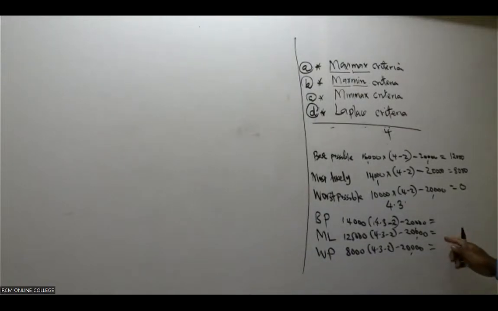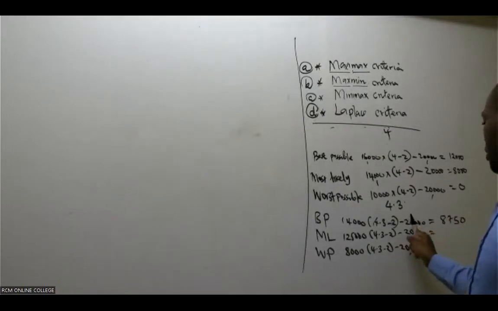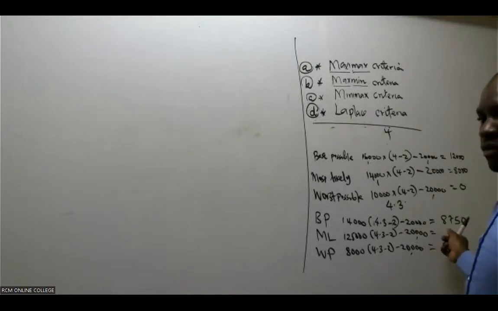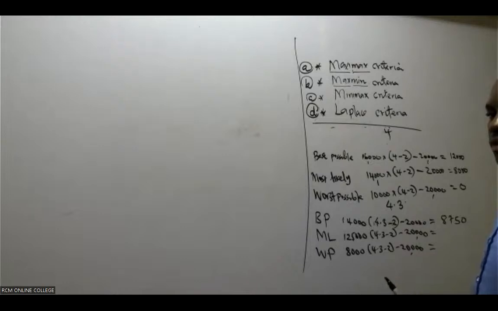The first one, how much do we have? 8750. The second one, what do we have here? $12,200.